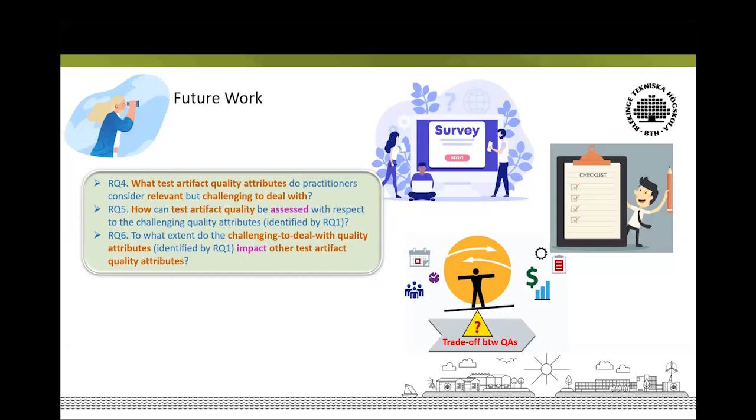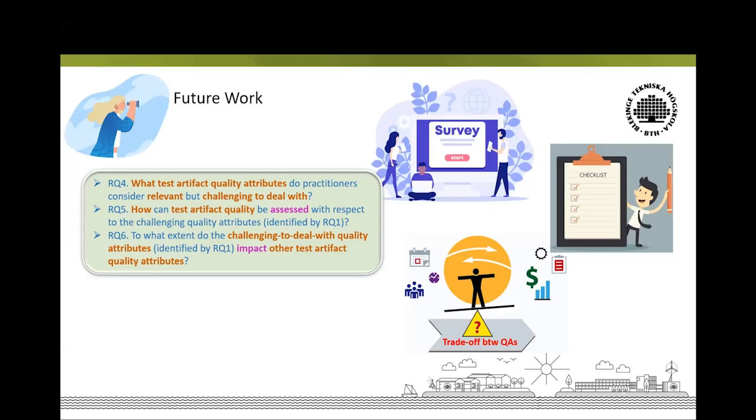And then based on the results of research question 4, we want to create a systematic checklist that practitioners can make use of in their inspection process of test artifact quality. And then, of course, they would also receive information about the trade-off between the test artifact qualities when they do the inspection. So ultimately, we think that's the final contribution of the research.